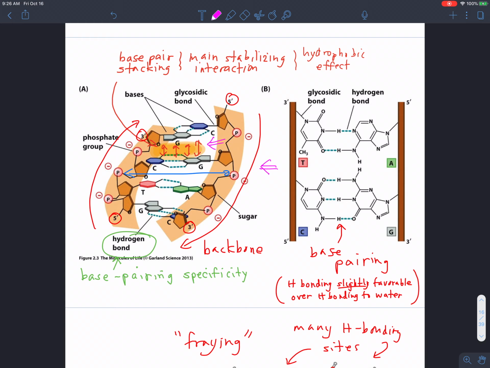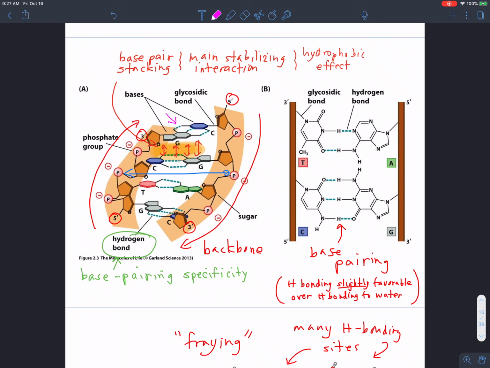The bases are relatively hydrophobic compared to the backbone, and a type of nonpolar interaction, or van der Waals, or induced dipole kind of interaction due to the fact that the bases are all aromatic. So it's these relatively non-specific stacking interactions that actually provide most of the delta G that drives double strand formation. But it's the hydrogen bonds that actually determine the specificity of the interaction.